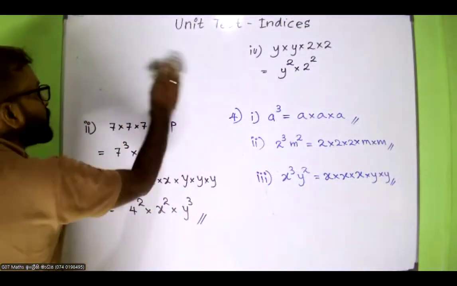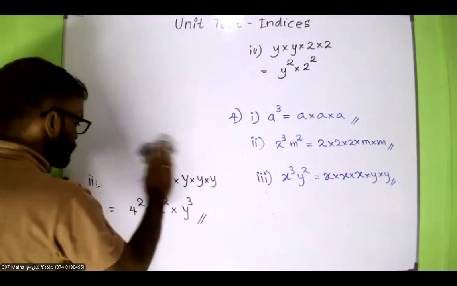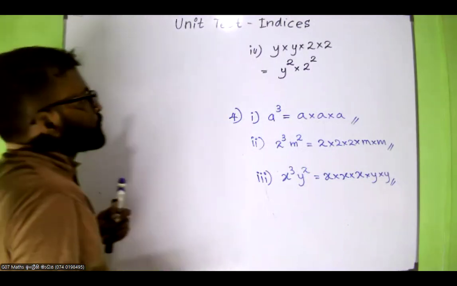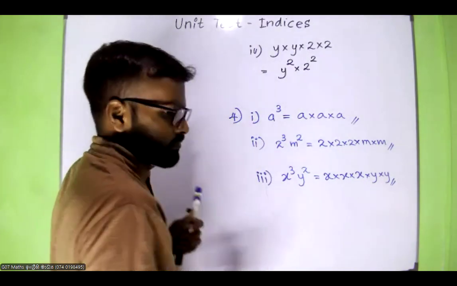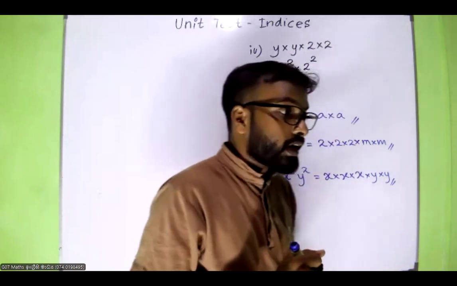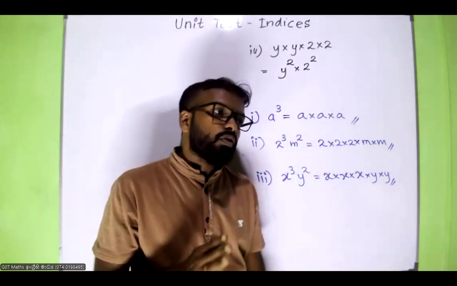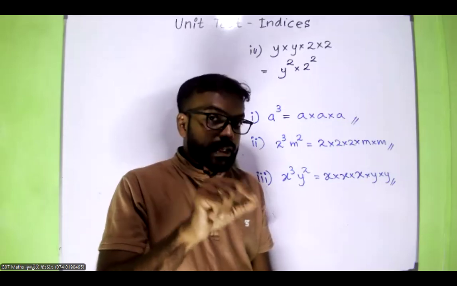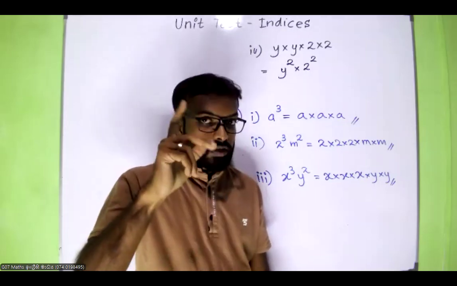Now let's move to the fifth question, and it says find the value of each of the following expressions by substituting x equals 2 and y equals 4.